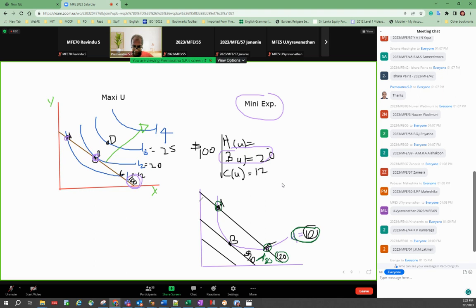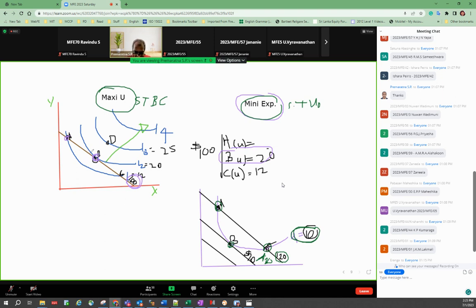So what I want to say from the analysis is that either the consumer maximizes utility given the budget, what we call subject to the budget constraint, or minimizes expenditure subject to a given utility or welfare level. The equilibrium point has the same condition. What is the condition?